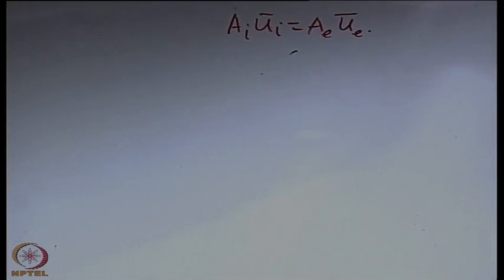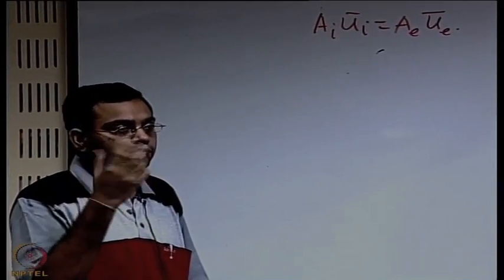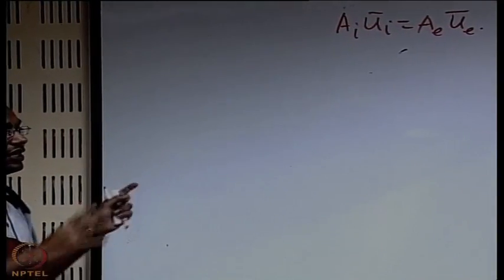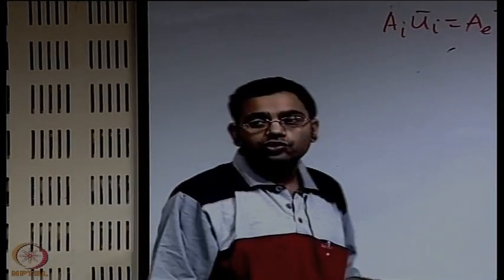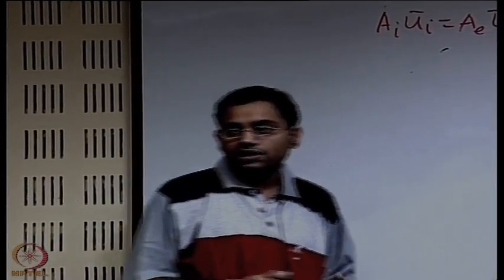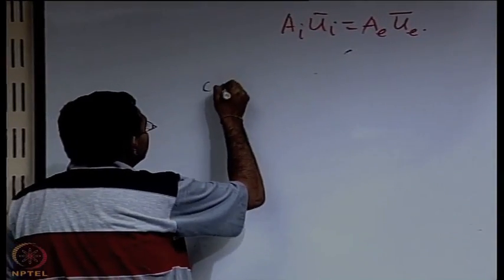That coordinate system many times is important if you have some body of cylindrical symmetry. We will not go into the detailed derivation of the continuity equation for cylindrical coordinates, but I will tell you how to do it and I will leave it to you as an exercise to complete it.